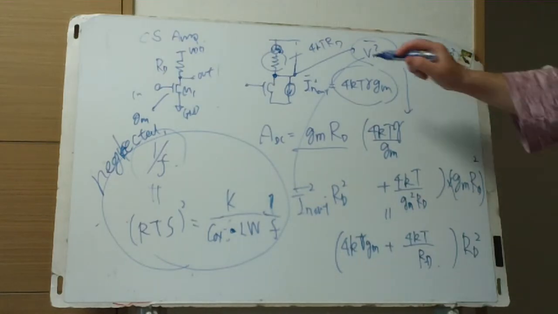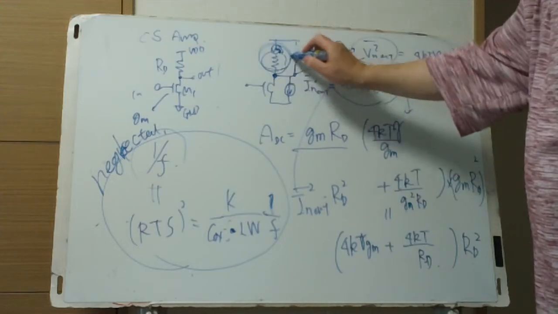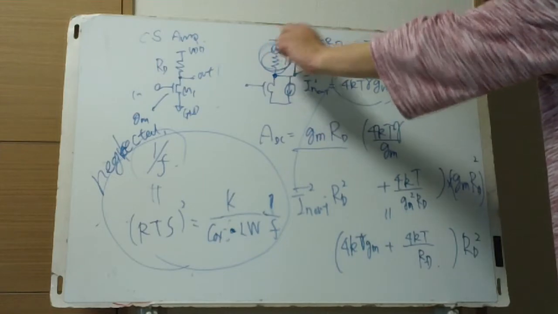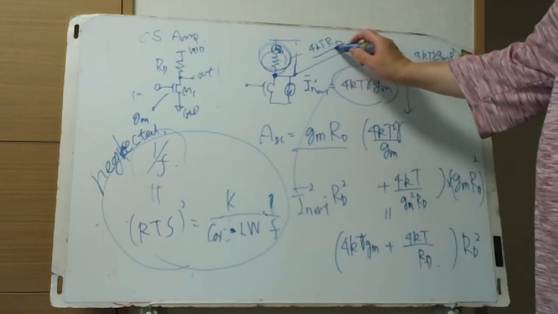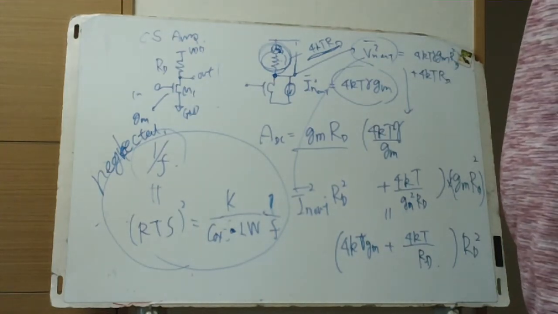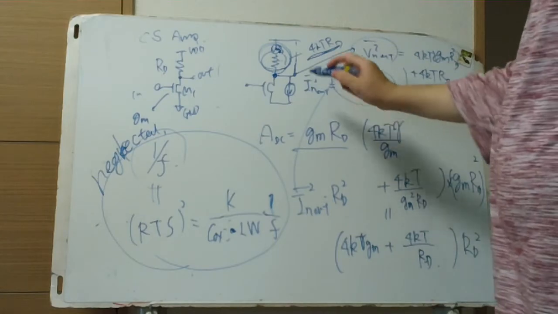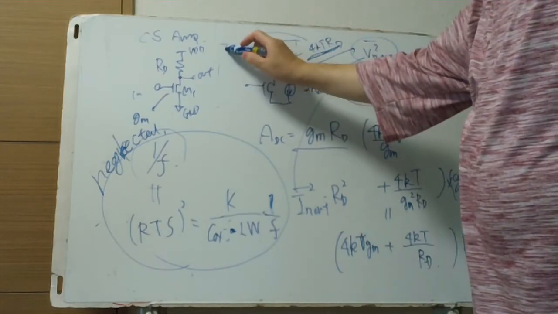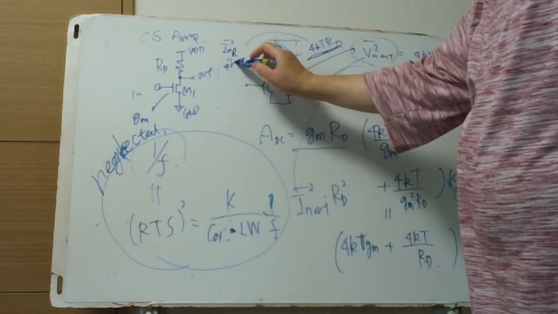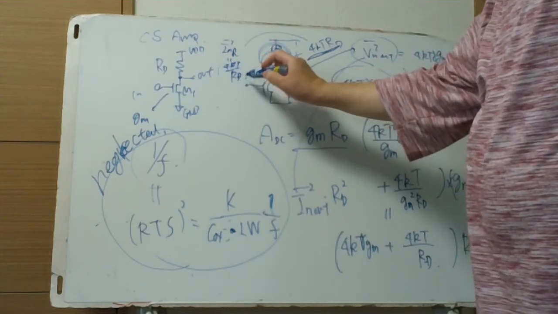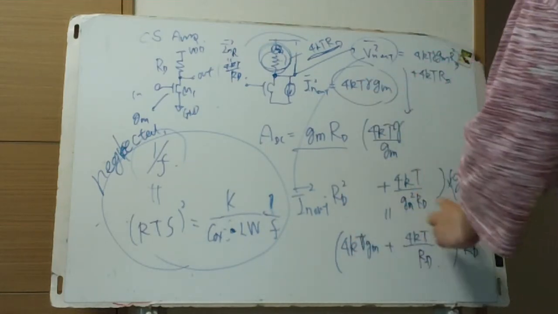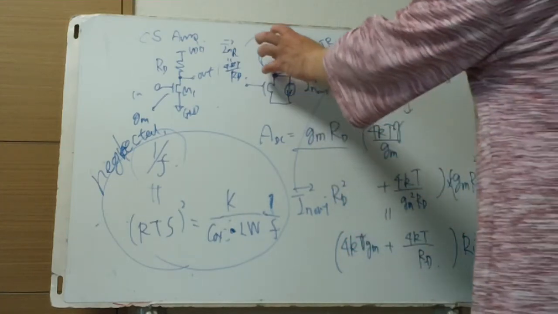So we've already learned the expression of the current noise of a resistor, compared with 4kTR, the voltage power noise. Like this, the current noise of R equals 4kT over RD. So we know this, and we know RD, the output resistance.